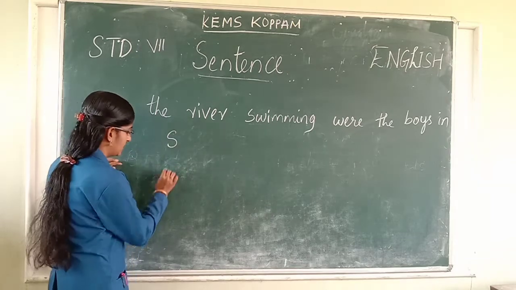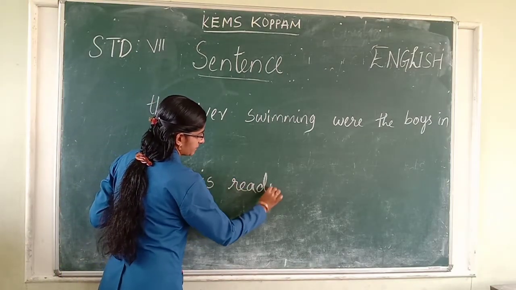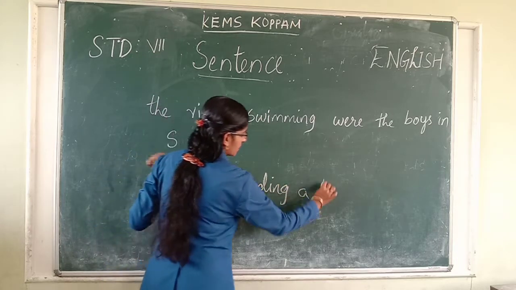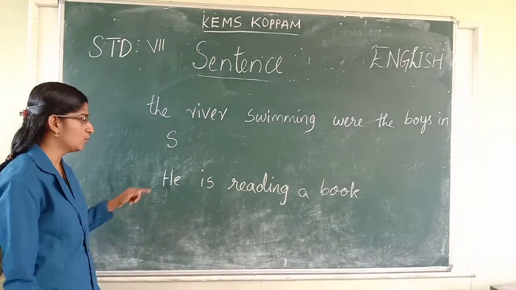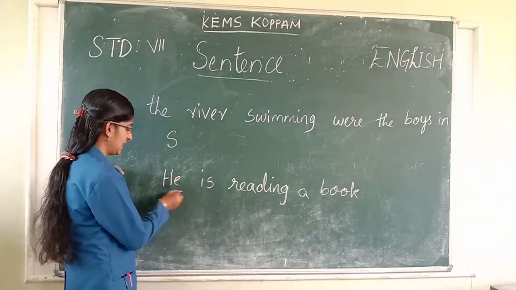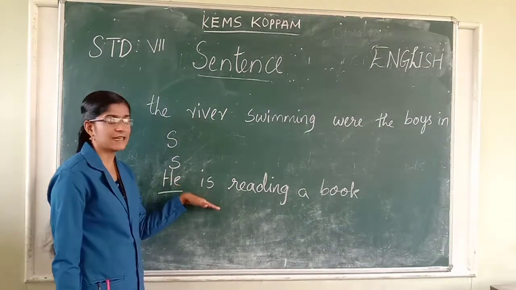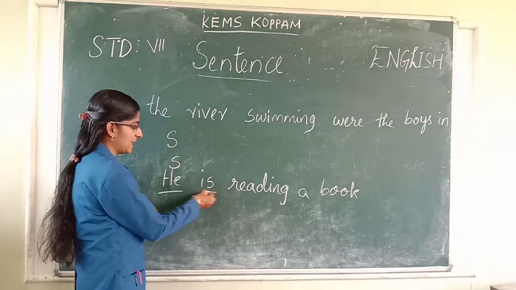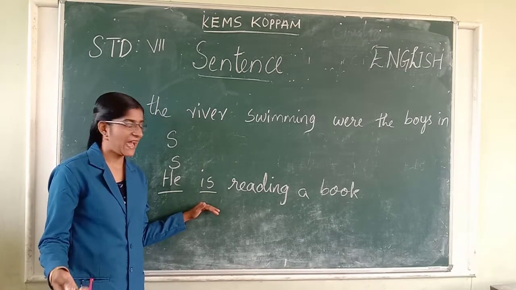Okay, for example, he is reading a book. He is reading a book. Who is doing the action? He. So he is the subject. And after the subject, what comes? Yes, helping verb comes: is, am, are, was, were, has, have.